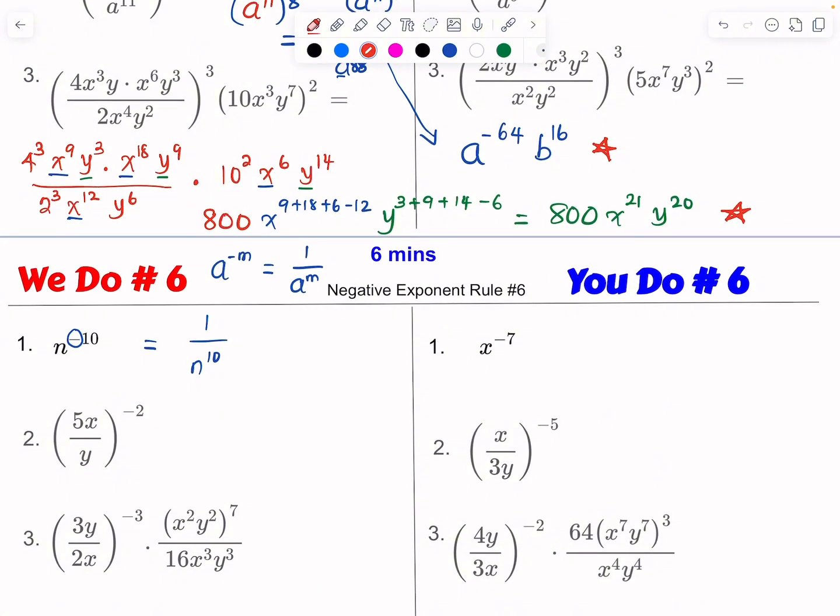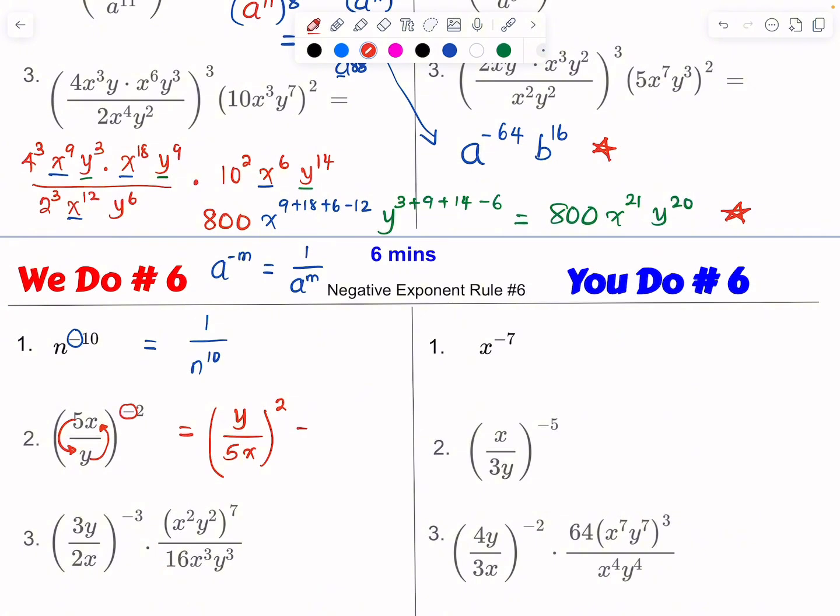Now I want you to focus on this example too. If you have a quotient, you're dividing two things, and you have a negative exponent, what I want you to do is to switch the numerator and the denominator. That's it. So just switch them. So what do you have? You have y over 5x to the power of, once you switch them, you are going to write the exponent without the negative anymore.